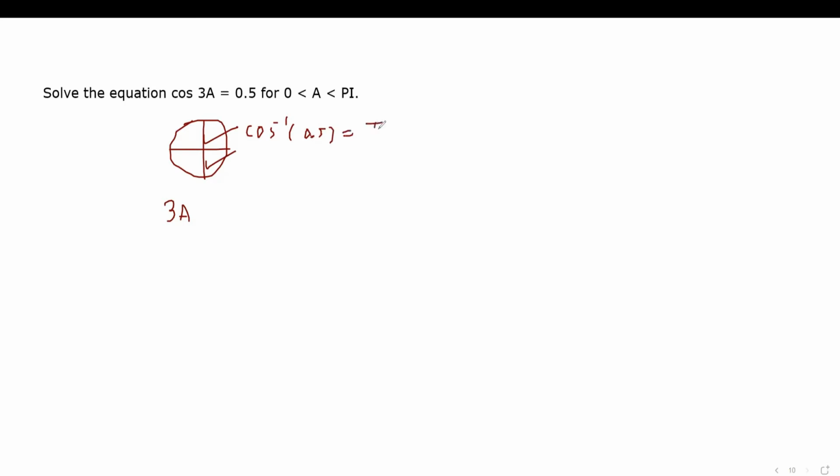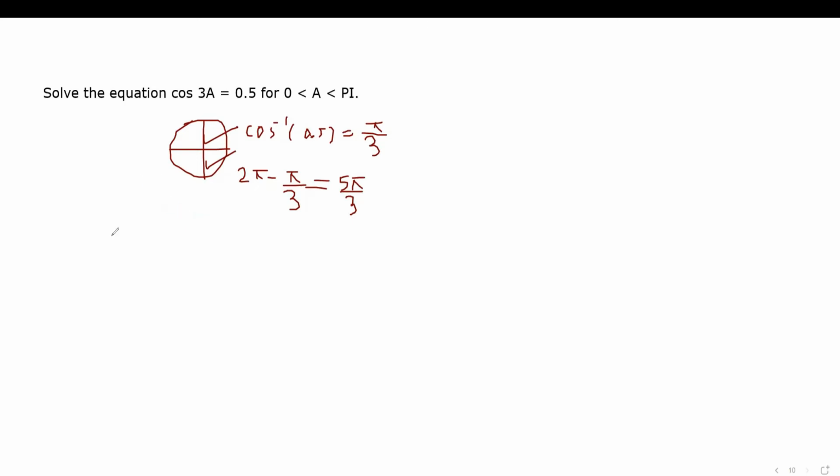We know the cos of 60 is a half. Down here it's going to be 2 pi minus pi by 3, which is 5 pi by 3. Just want to make sure no addition mistake is made. Yeah, that's fine. So these are the two answers we get.